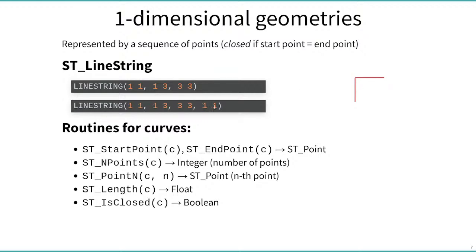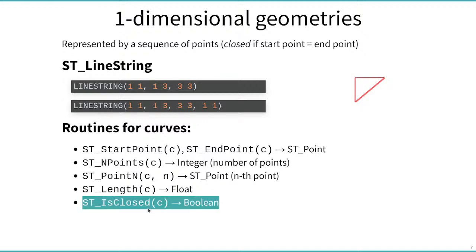This is also a line string, and this is called a closed line string when the last point, the end point, is the same as the start point. Then we call it a closed one. Yeah, it is closed. You can ask, is it closed, yes or no?